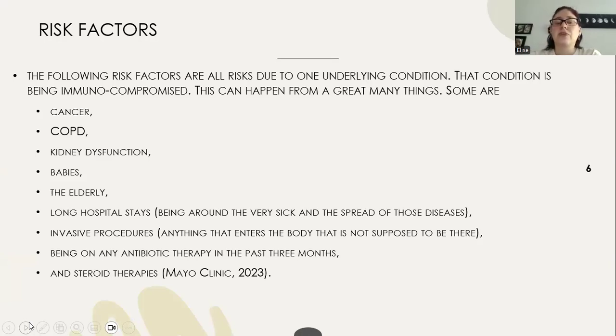Invasive procedures, so anything that enters the body that is not supposed to be there, like an IV or catheters. Being on any antibiotic therapy in the past 3 months, and steroid therapies. Mayo Clinic 2023.